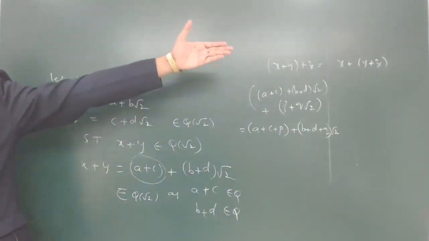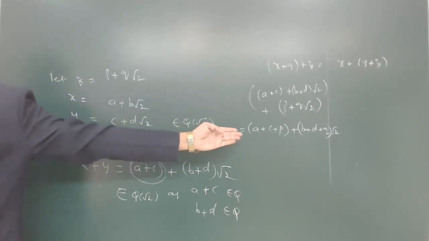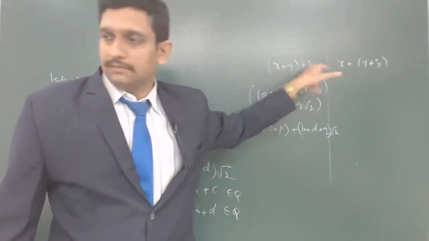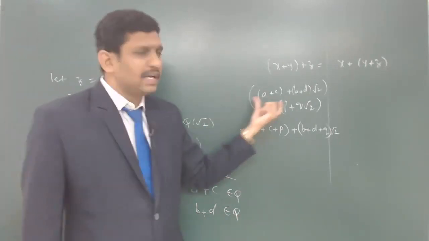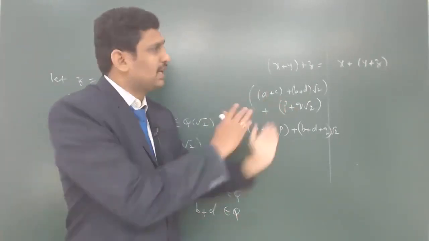If you consider the RHS also, that will come to the same value, therefore these two are equal. That is about associative law. Fine. Please take a note of that.